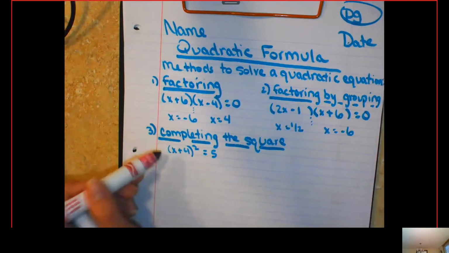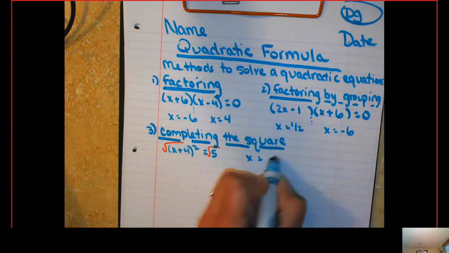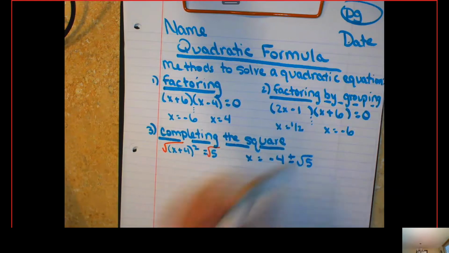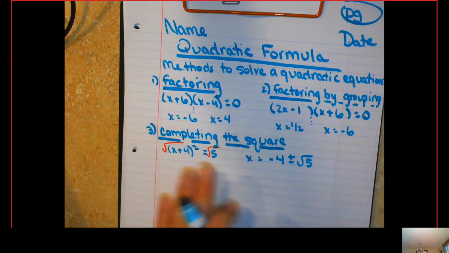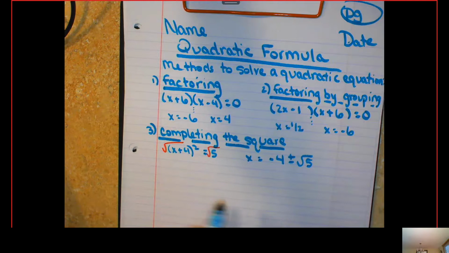And then to solve it, we would do the square root of both sides. And answers of x equals -4 plus or minus radical 5. So we would use this, completing the square, when we could not factor, and we would probably have a radical in our answer, or we would have a fraction.